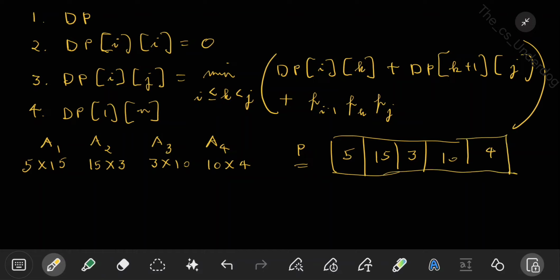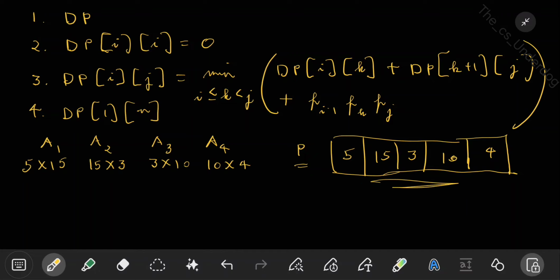This is the only input that you require in order to find the solution for the matrix chain multiplication problem. Because you're not actually multiplying, instead you are trying to find the minimum number of scalar multiplications. For that you only need the dimensions. You don't need actual values in the matrices. Okay, just keep this in mind.